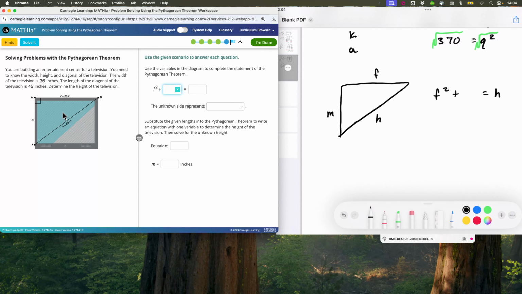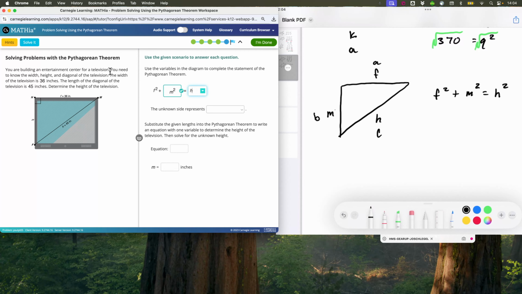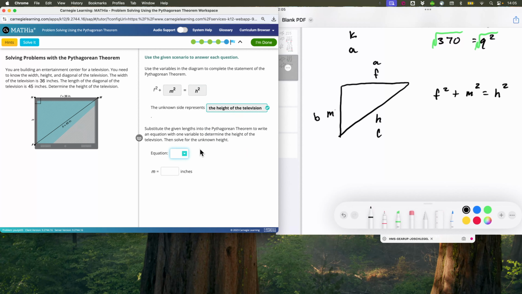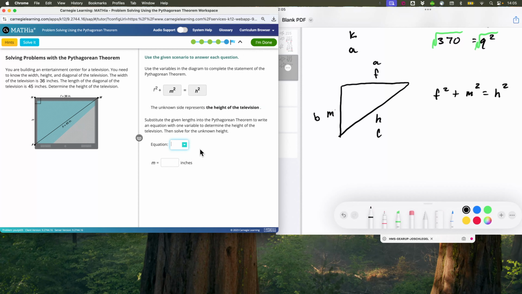The hypotenuse must be H. And so that's going to be our A side, our B side, and our C side. M squared. Alright. So we can put in M squared, H squared. The unknown side is the side of the TV, the height of the television. So now our equation, we're going to throw those numbers in there.